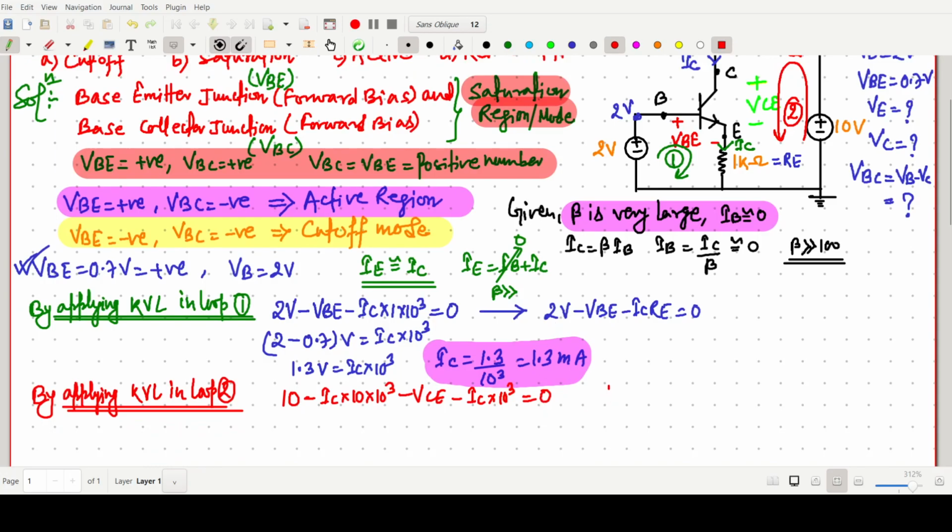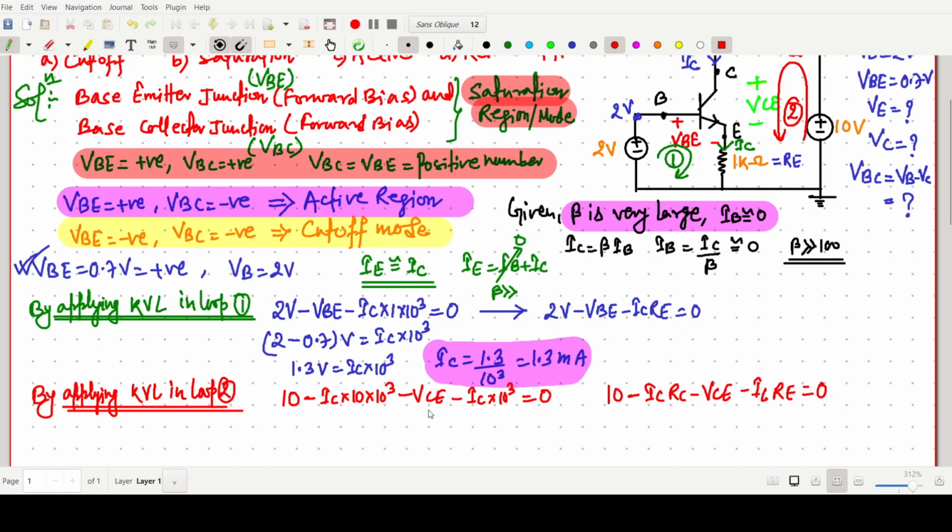Once again, this is 10 minus IC RC minus VCE minus IC RE equals 0, because this IC and IE are the same since beta is very large.